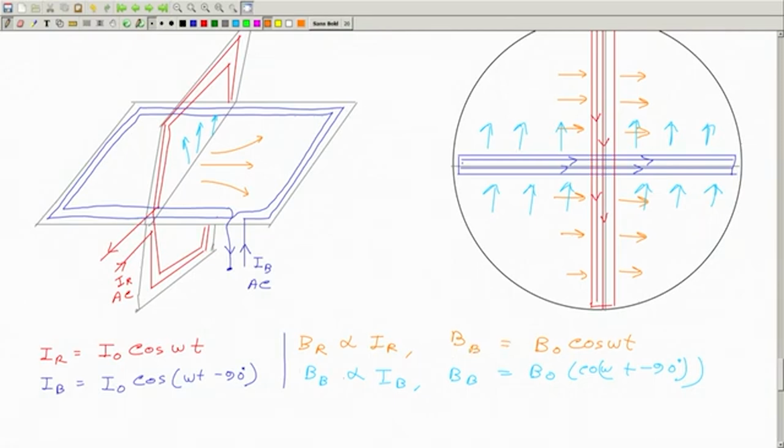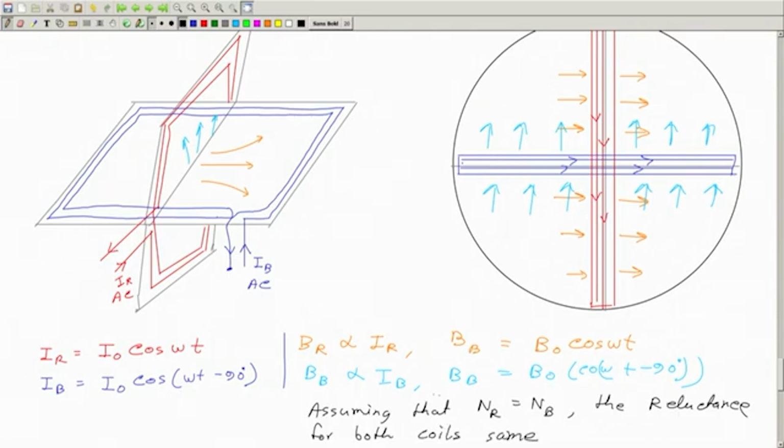And so we are assuming that the number of turns in the red coil is same as the number of turns in the blue coil, then the reluctance for both coils is the same.